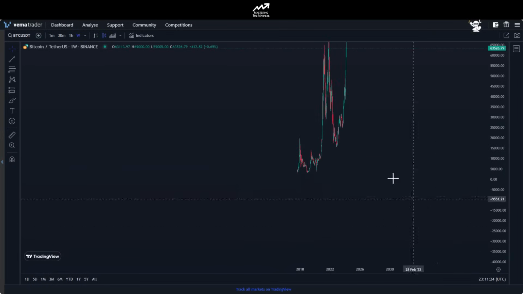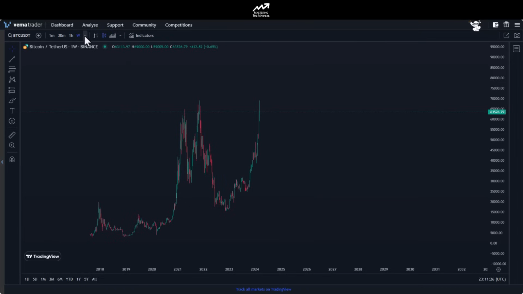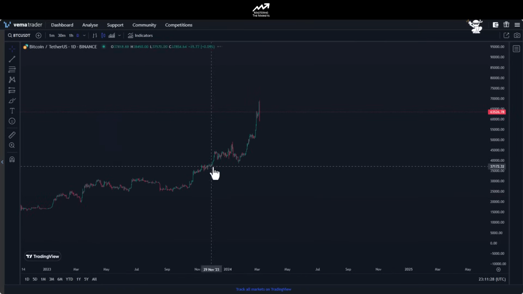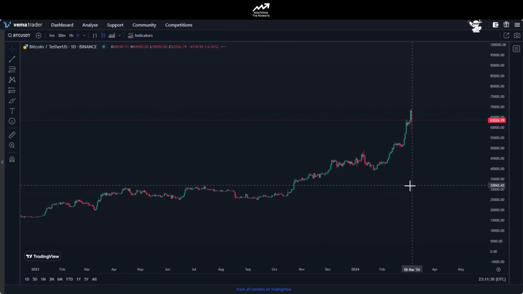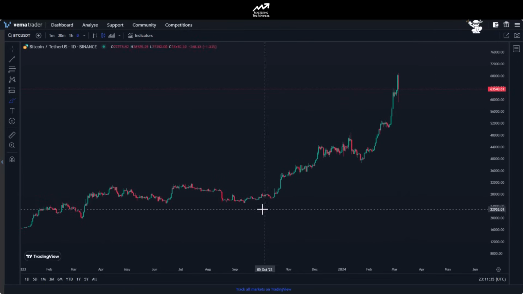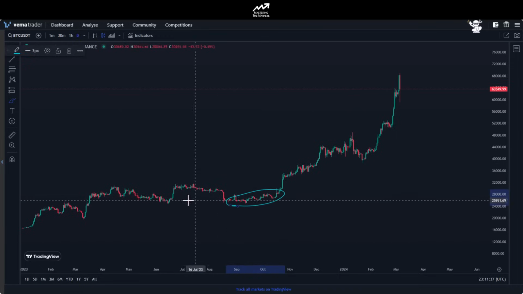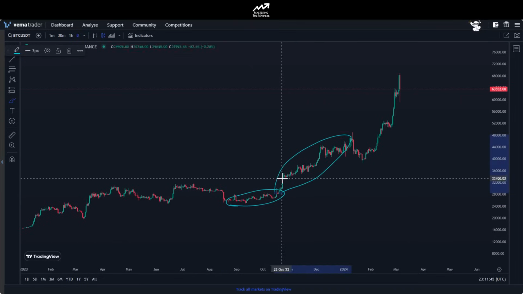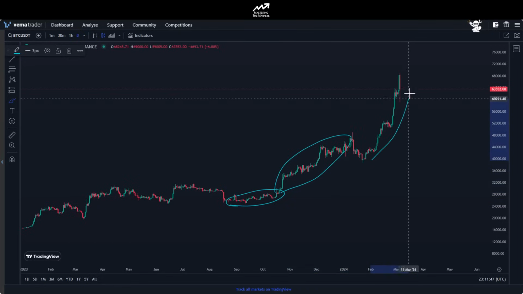Okay. Let's go down to the daily. What I can see here is accumulation phase. Again, think about sentiment during that time. Everyone thought it was still bearish. Public participation phase. When we took out the high, the public started to get involved. Excess phase.